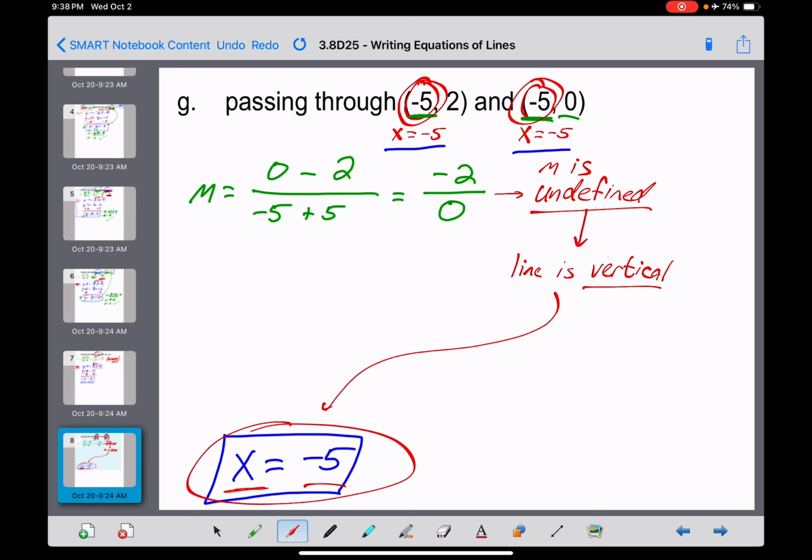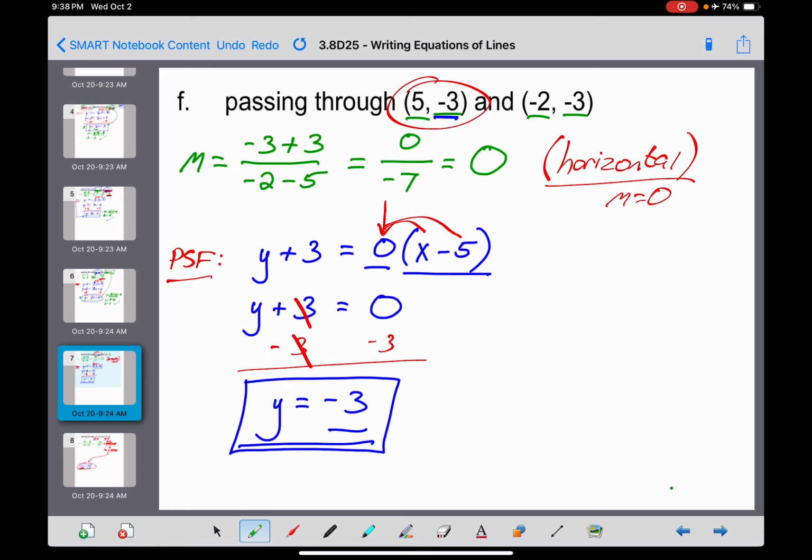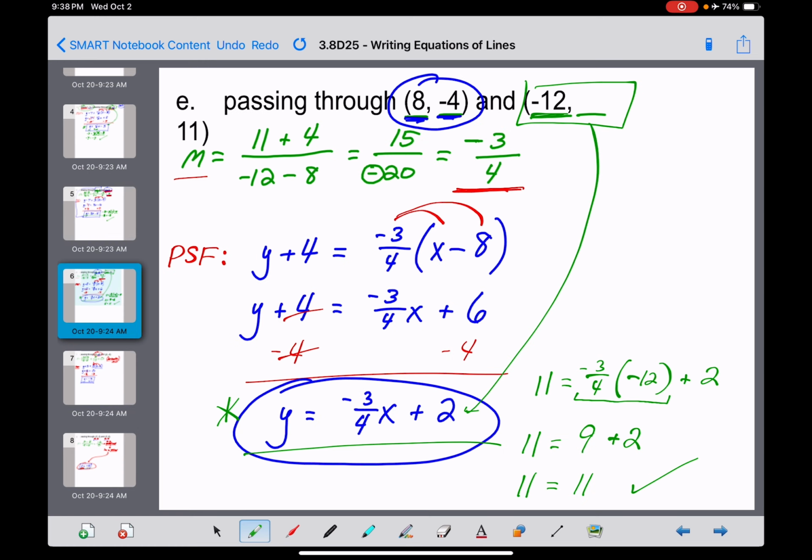So we want to study some of these horizontal and vertical line problems, and I'll try to give you guys some practice for those on homework, because once you learn to recognize, wait a minute, they've got the same x coordinate, so the answer here is just x equals that number, these two problems are actually much easier than everything we were doing before. But as I said, it takes a little getting used to.